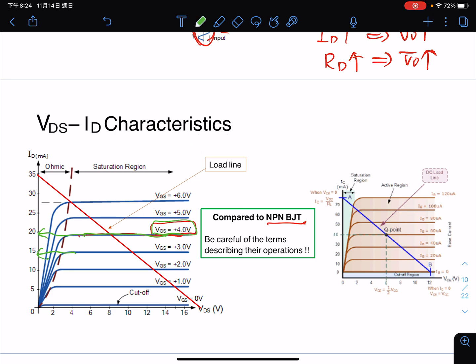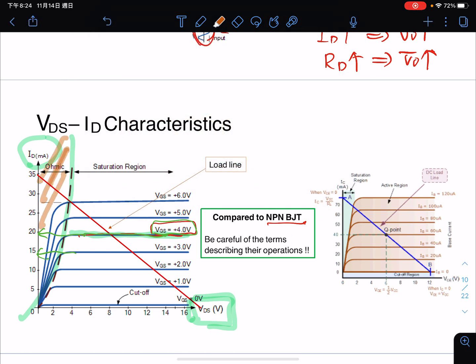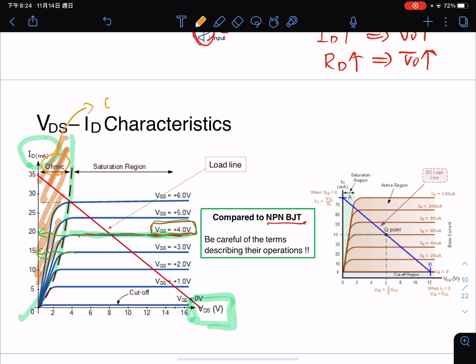Okay, and the x-axis is the VDS. In here we find no matter how the VDS increases, in this region, the output current is fixed, and this is the ID current. And this part, we call this part the ohmic region.